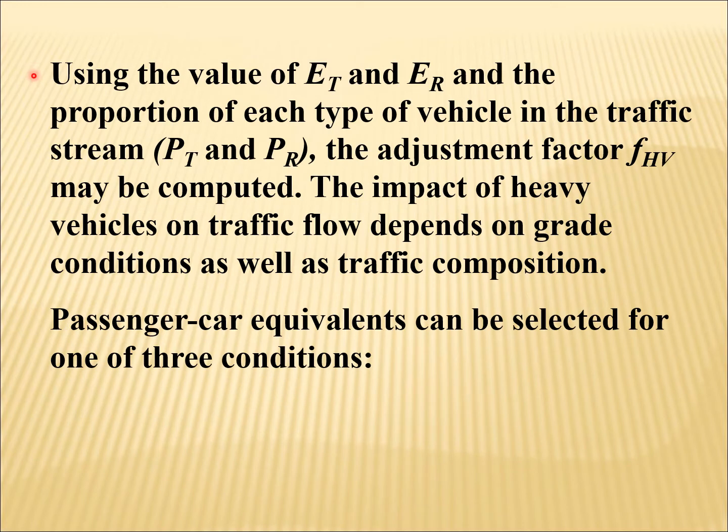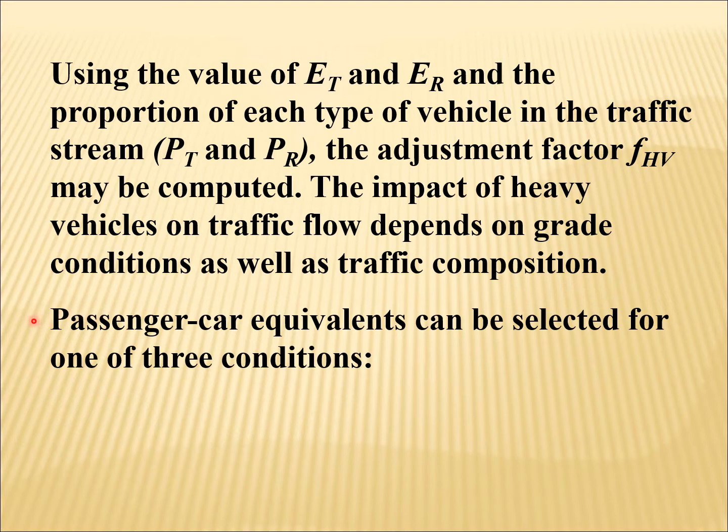Using the values of E sub T and E sub R and the proportion of each type of vehicle in the traffic stream, P sub T and P sub R, the adjustment factor F sub HV may be computed. Here P sub T is the proportion of trucks or buses, and P sub R is the proportion of recreational vehicles.